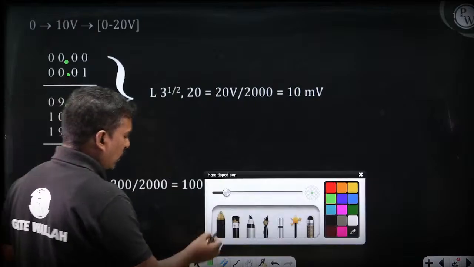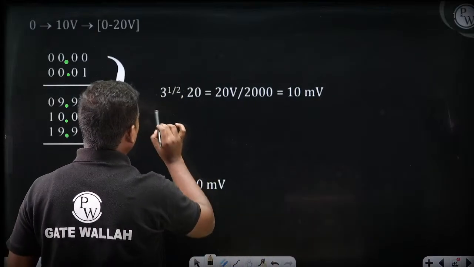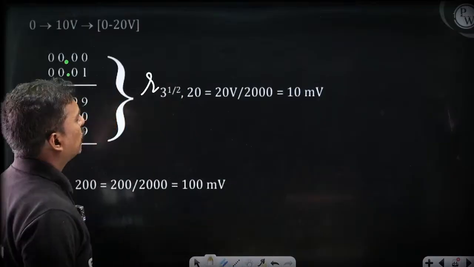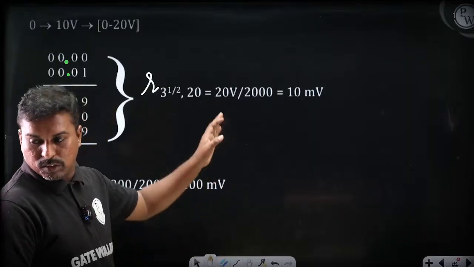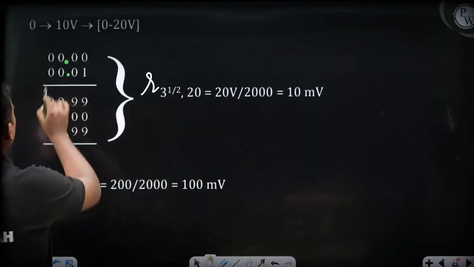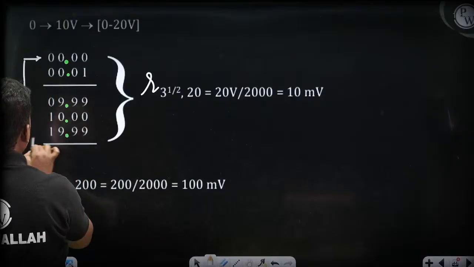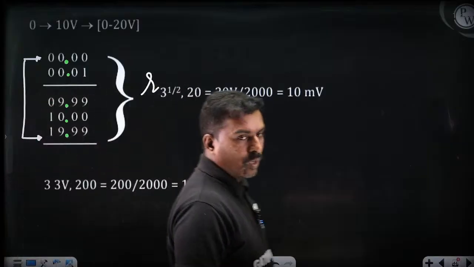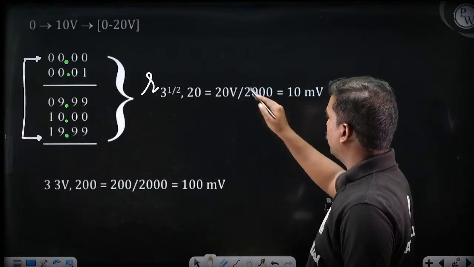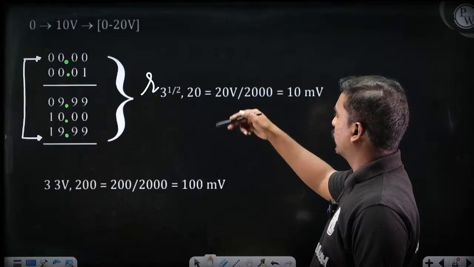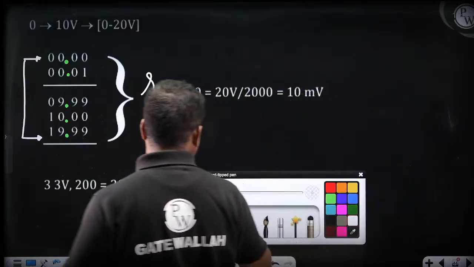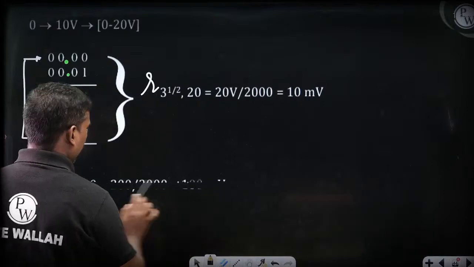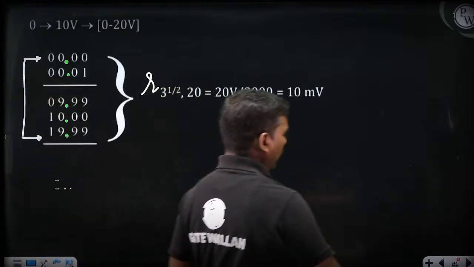The resolution of a 3.5 digit display over a range of 20 volts would be 20 by 2000, since the maximum voltage changes from 0 to 20. So the answer is 10 millivolts. Got it?